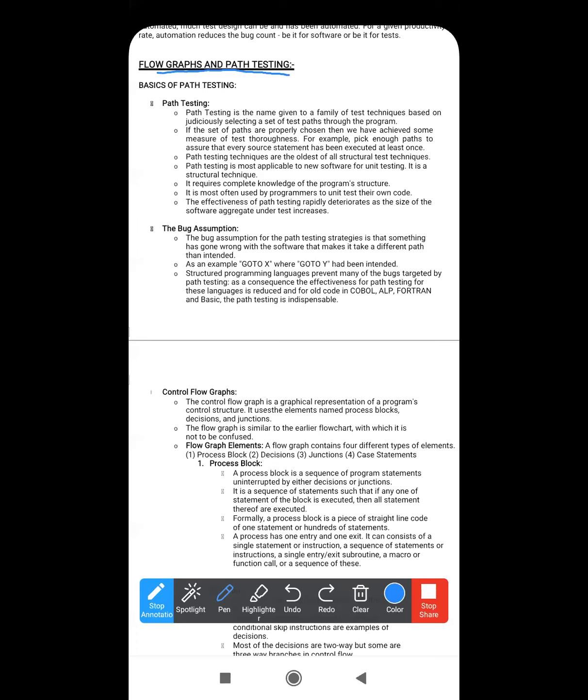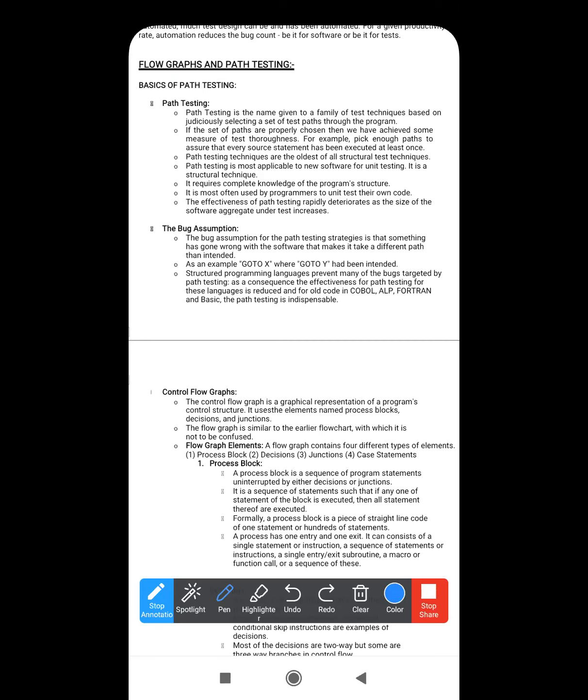And next, the programmer should perform the unit testing on their own code, and the effectiveness of path testing rapidly deteriorates as the size of the software under test increases.